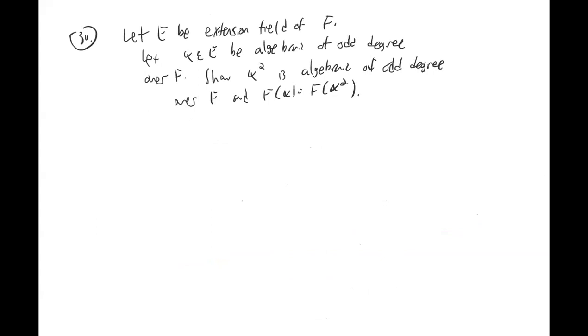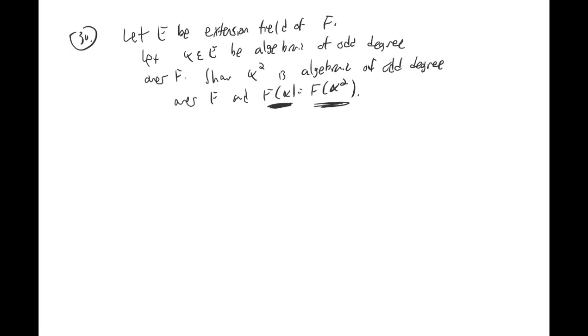Now, in the end, we want to show they're equal, right? But let me ask, which field is bigger? Is the left-hand side bigger or the right-hand side bigger? Yeah, the left side is a field that has alpha, right? So if you have alpha, then you must have alpha squared, because you just multiply alpha by itself.